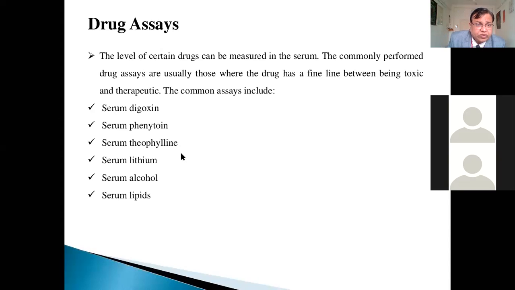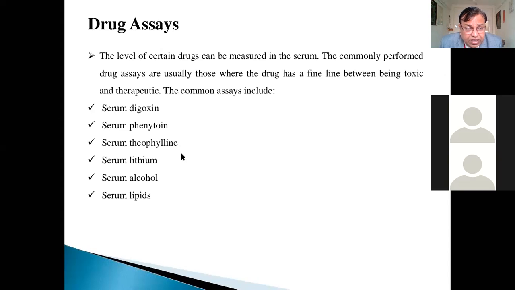Digoxin is given as a cardiotonic. Phenytoin we are giving in the case of epilepsy. Theophylline we are giving in the case of asthma, chronic asthma or asthmatic attack.